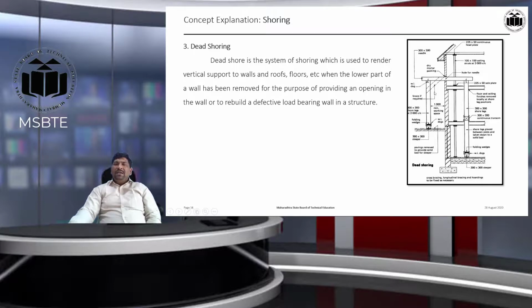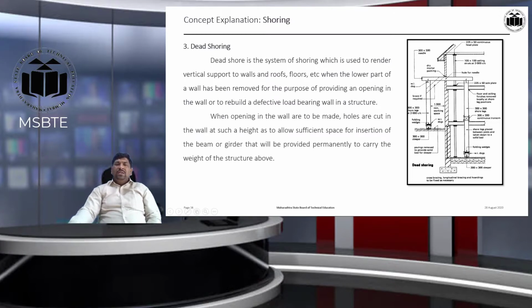For example, in this case, I am supposed to remove some part of the wall in between, and the part above that defective portion is supposed to be kept as it is. So in that case, I am going to put a dead shoring over here, something like this, as you see in this image. Also you can observe all the component parts of the dead shoring here.